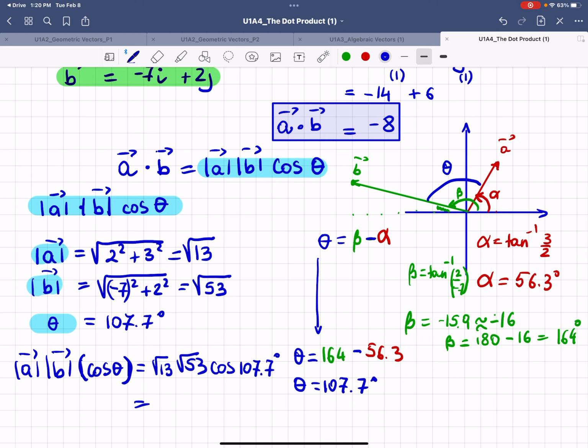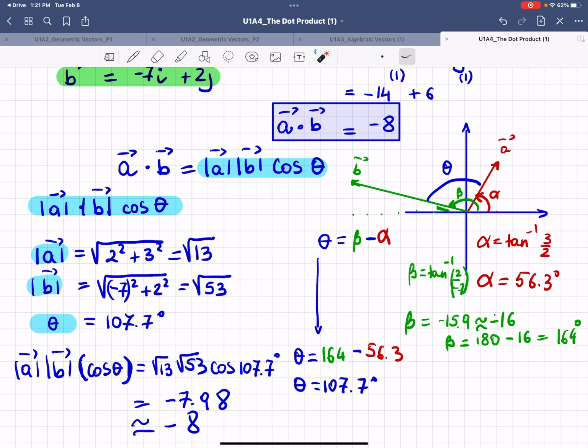So we have root 13 times root 53 times cosine of 107.7. I got negative 7.98, and if I had to round this, it would be negative 8.